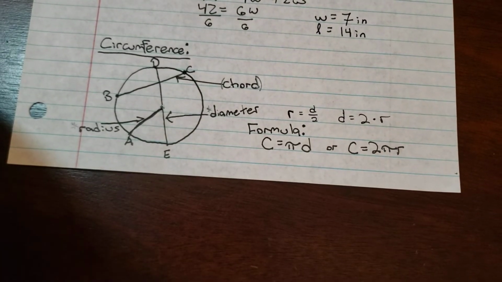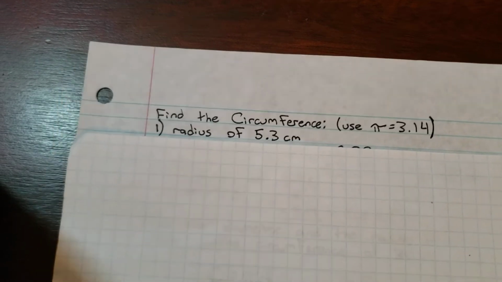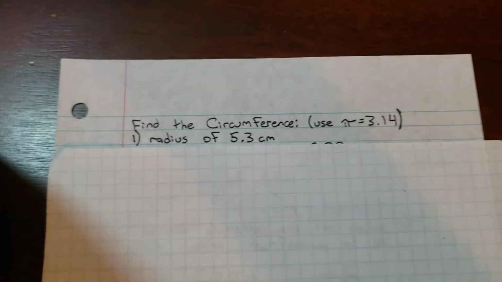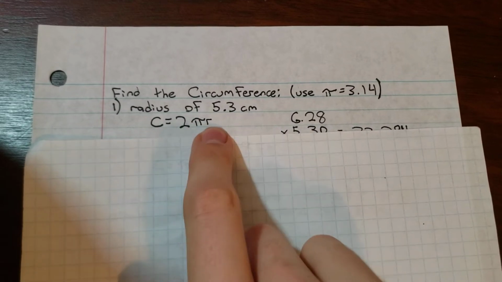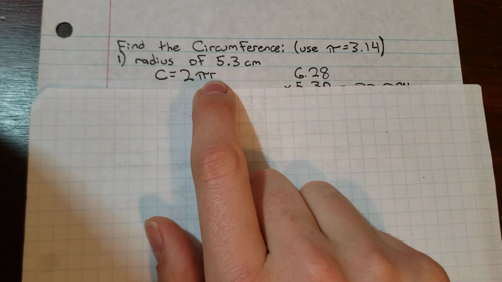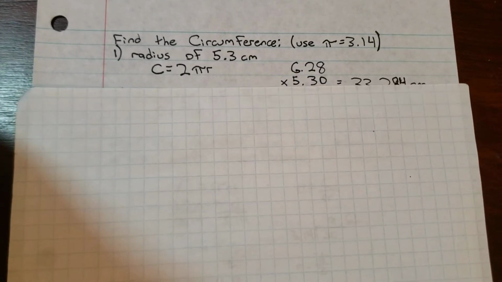Okay, here's a few examples. So we're going to find the circumference. Again, we're using 3.14. If our radius is 5.3 centimeters. Okay. So we're going to use the formula that has our radius. Here I've got 6.28.